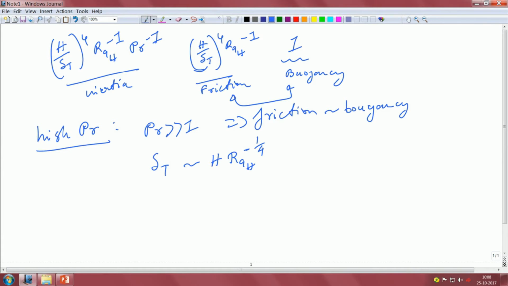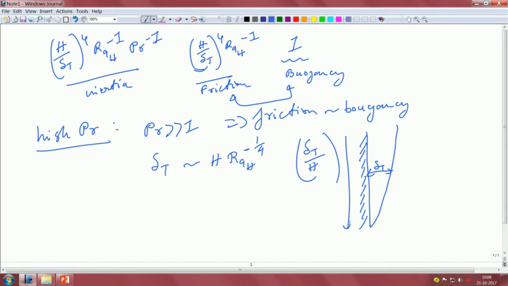Delta by H, in other words, is some kind of a slenderness ratio. If you recall, if this was your boundary layer, this is the plate, correct. So, this is your delta T.